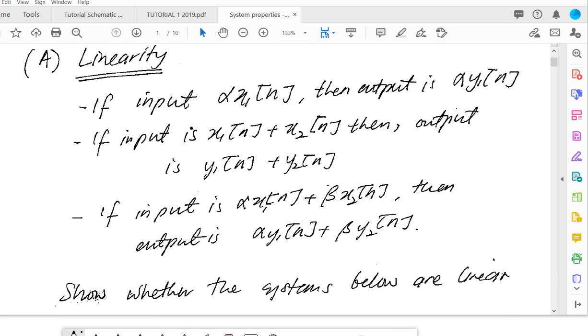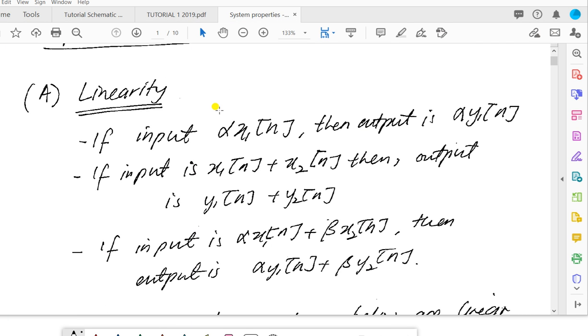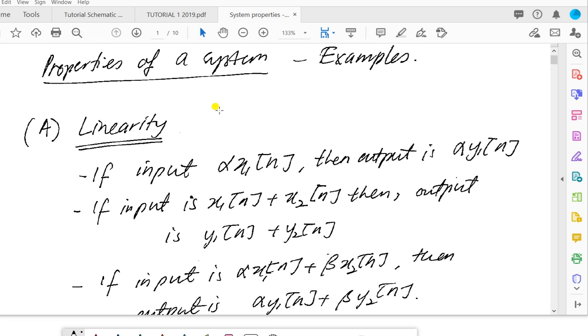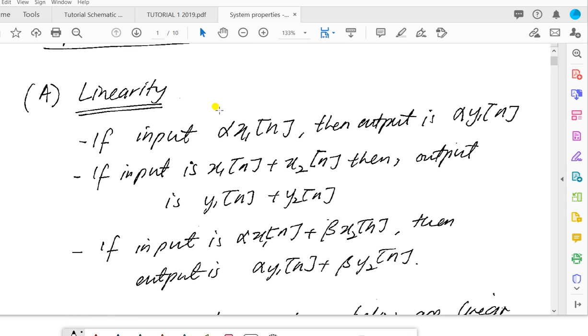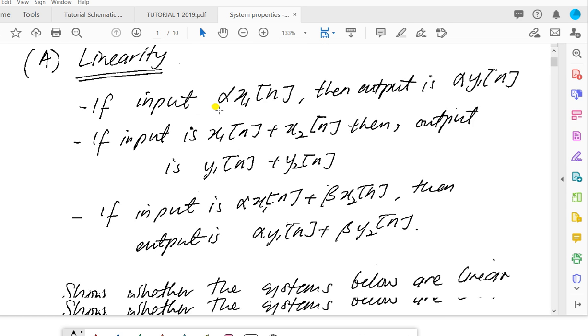Now the first classification or properties, it's always interchanging in the textbooks. Anyway, for linearity, you can check if a system is linear if the input alpha x1[n] gives the output alpha y1[n].